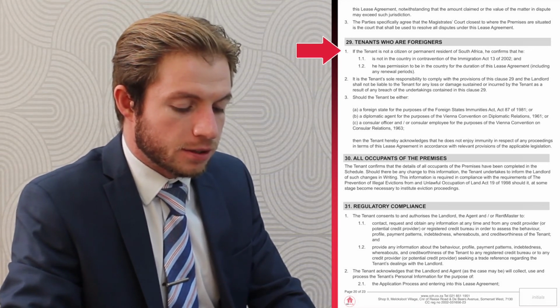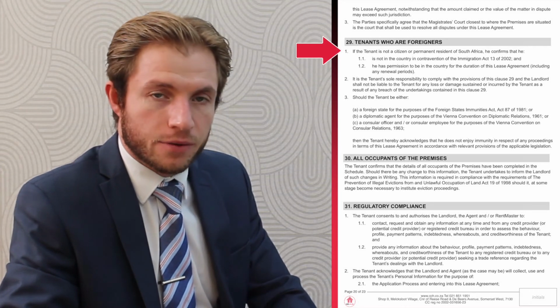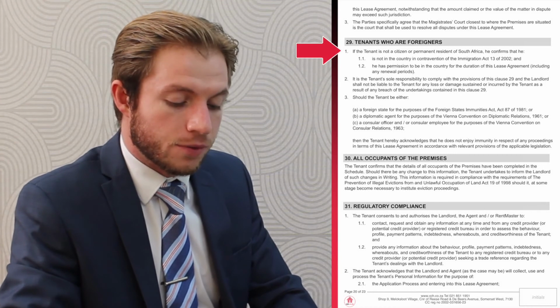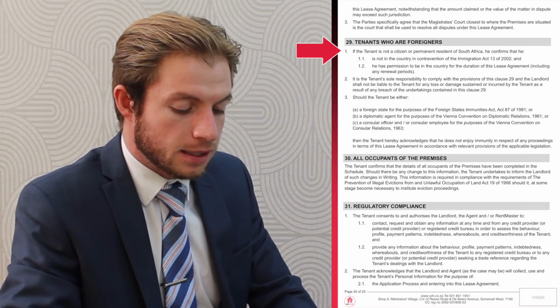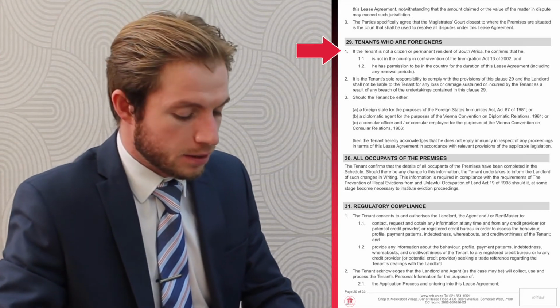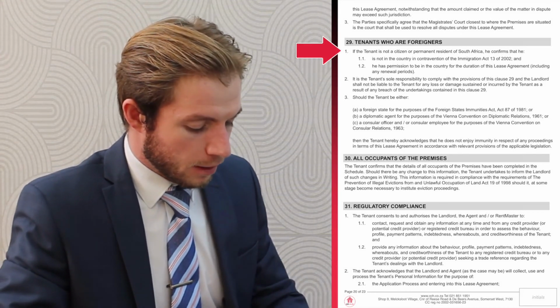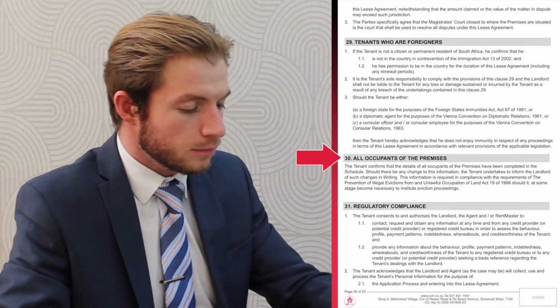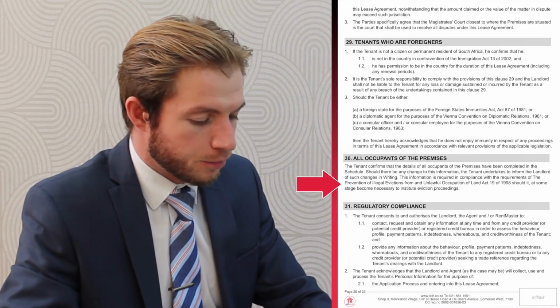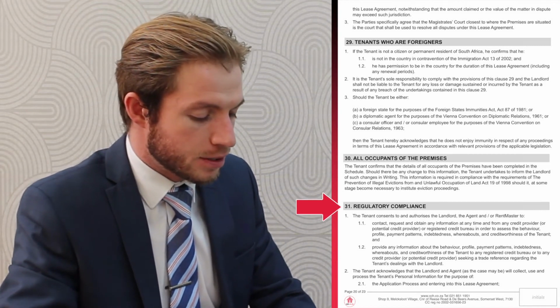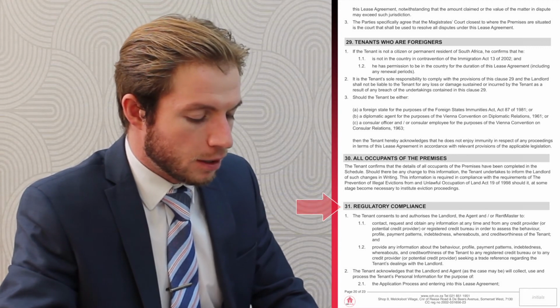If the tenant is not a citizen or permanent resident of South Africa, he confirms that he is not in the country in contravention of the Immigration Act, and he has permission to be in the country, especially during this lease period. Then clause 30, pretty straightforward. Clause 31, pretty straightforward. That's actually more applicable to the rental agents than you.